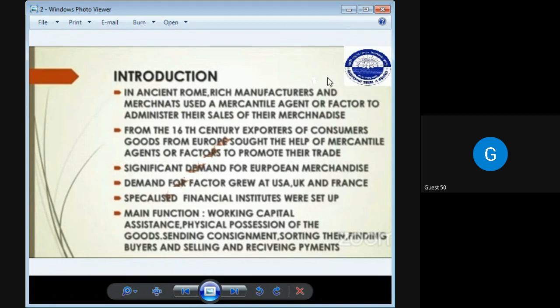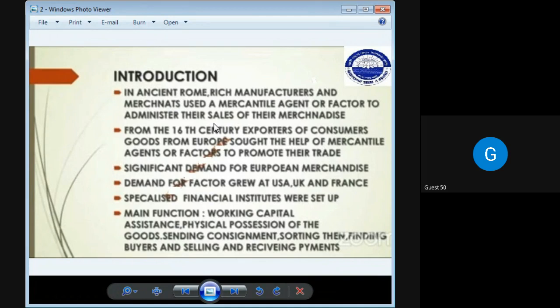Here the agent is called a factor, who administers the sales of their merchandise. So in ancient Rome, they actually took the help of agents or factors who did the sales of their merchandise on behalf of these rich manufacturers and merchants.